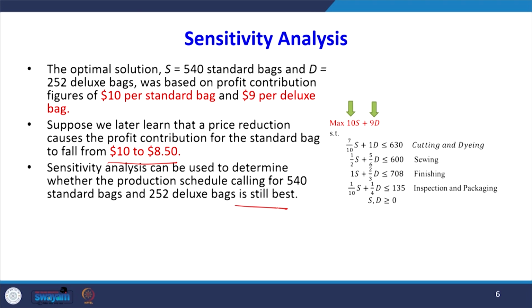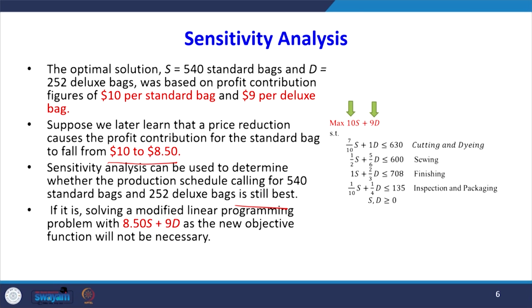If there is a drop in price, is our solution, S equal to 540 and D equal to 252, still best, or will this drop in profit contribution affect our final result or not? That is the purpose of sensitivity analysis.